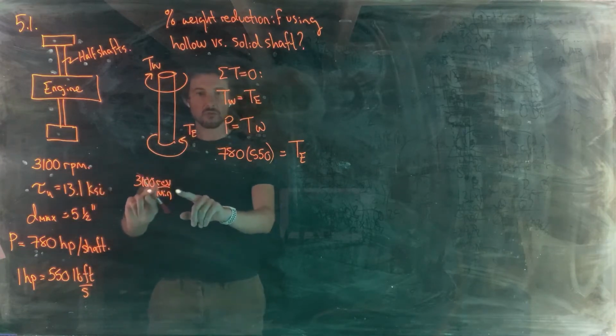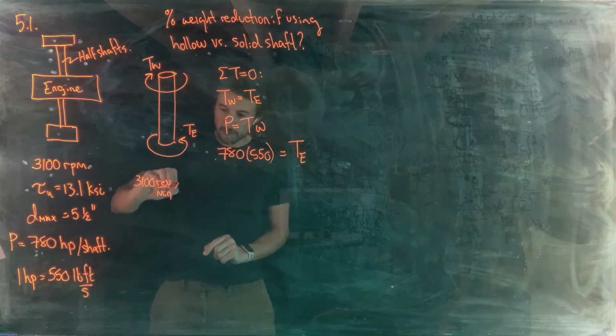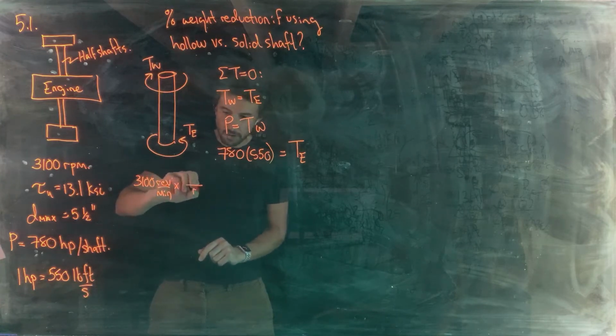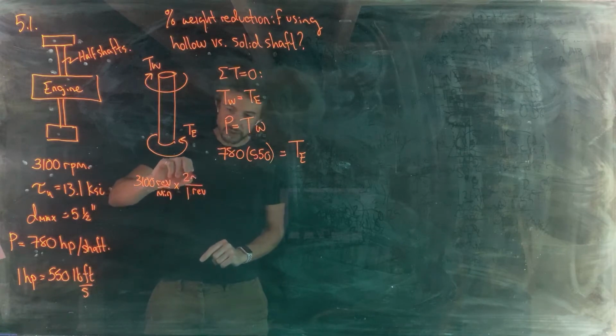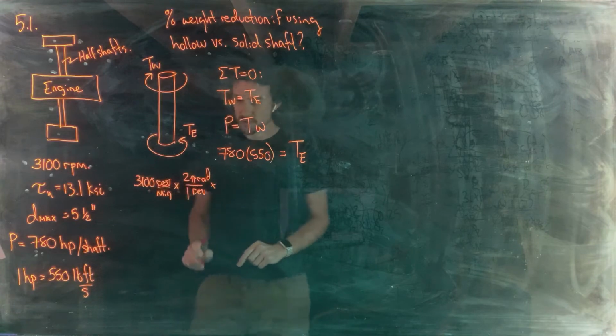We've got 3,100 revolutions per minute. To change that into radians per second, which omega needs to be, we want to get rid of revolutions, so that goes on the bottom, and the conversion is 1 revolution is 2 pi radians. So there's our revolutions gone.